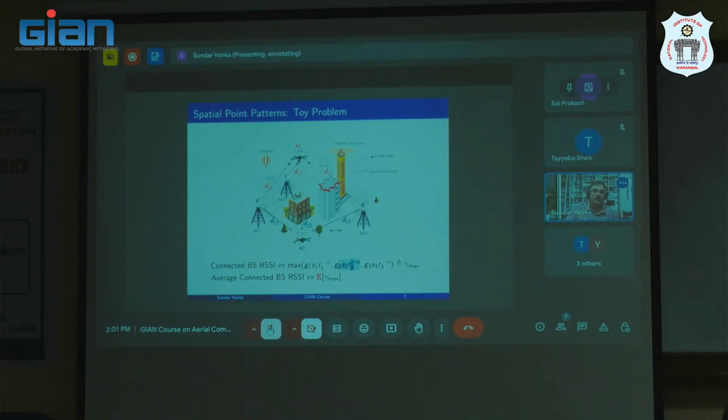So if I were to think like a network provider, I will need to install these base stations B1, B2, B3. Now, suppose I install these B1, B2, B3. Remember that when you install these base stations, there are many other considerations which are not only technical. For example, I will need to find land where I'm able to install these base stations.